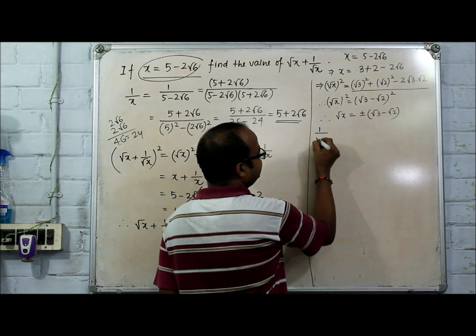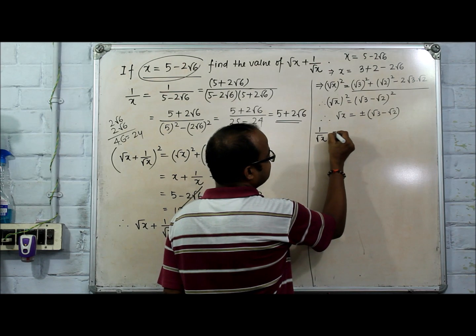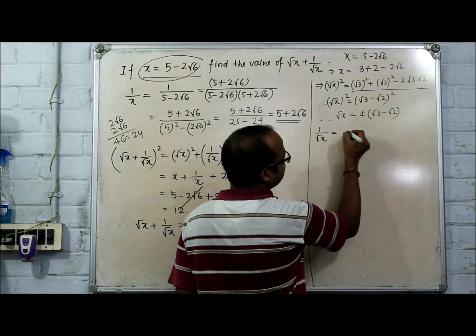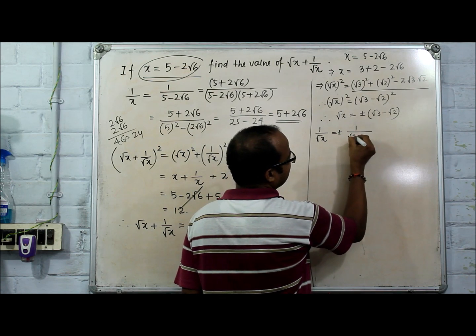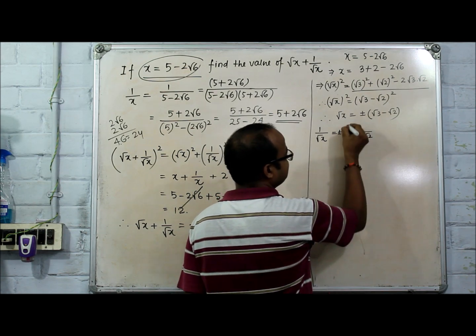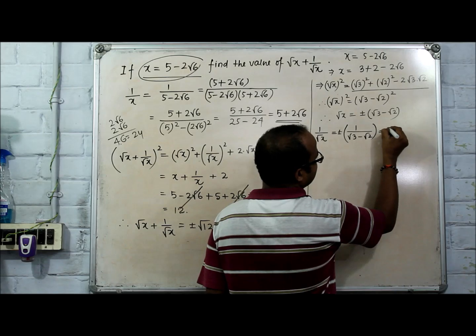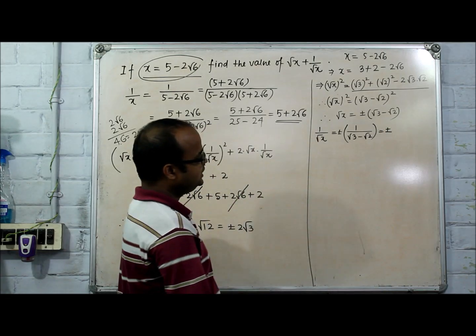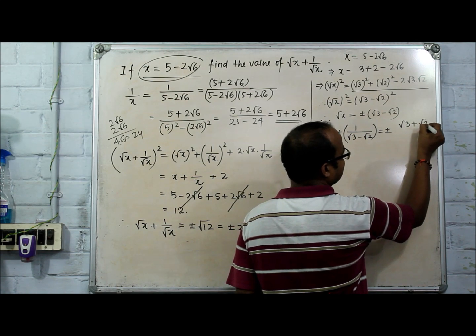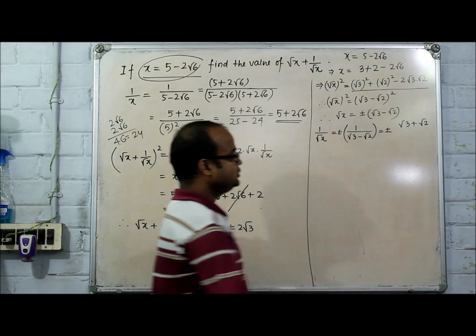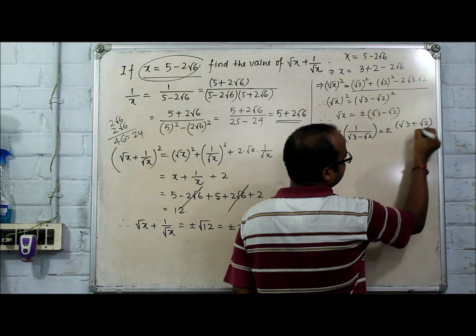Similarly, if you find out 1 by x, so 1 by root x means 1 by plus minus 1 by root 3 minus root 2, plus minus. Now 1 by root, so you need to multiply with root 3 plus root 2, numerator and denominator.